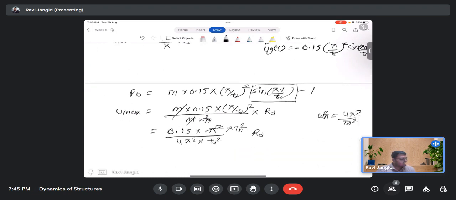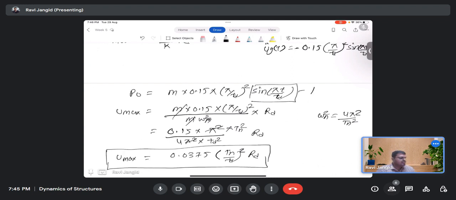So the pi square will cancel out. If I simplify it, I will write it as 0.0375 into (Tn over Td) square into Rd. So now you can find out the maximum displacement. You have Tn, you have Td, you have Rd.